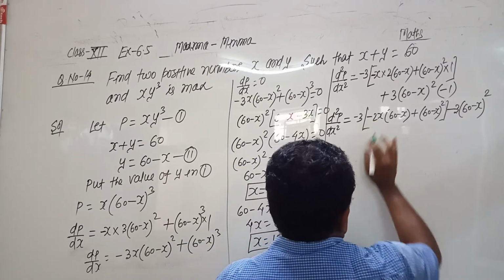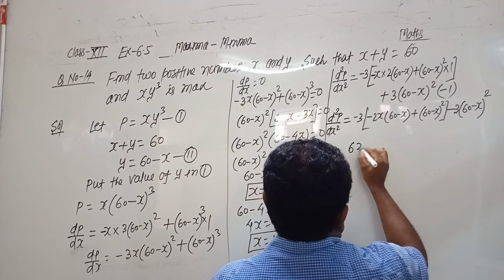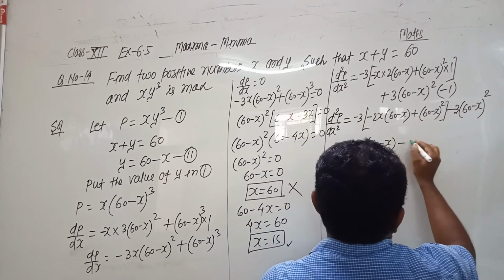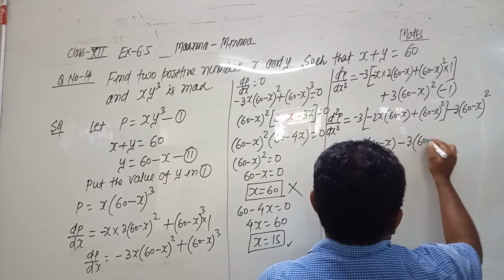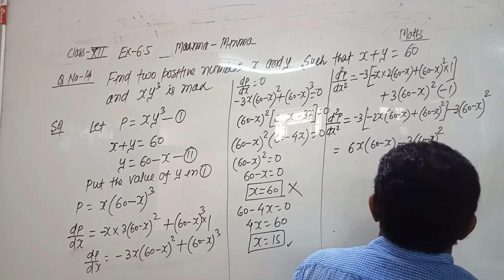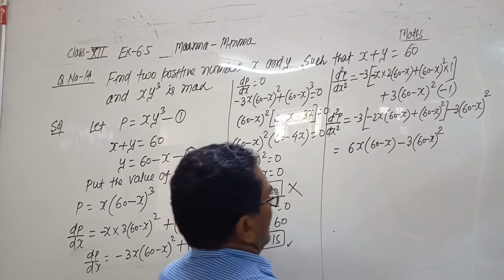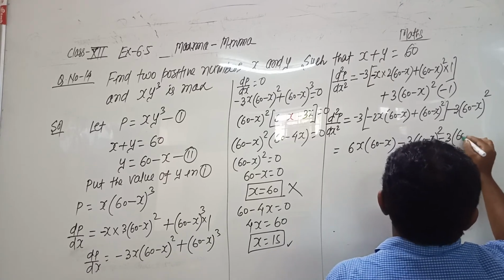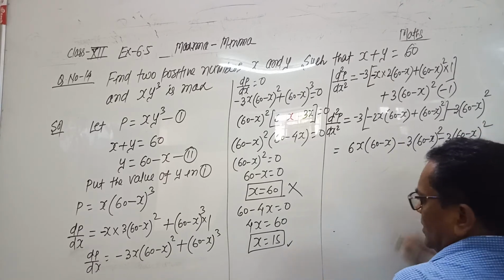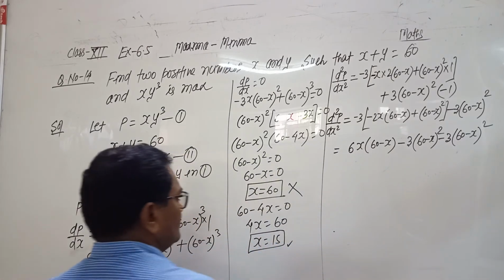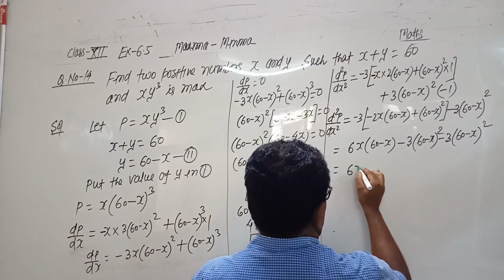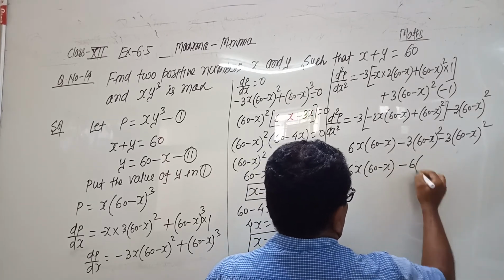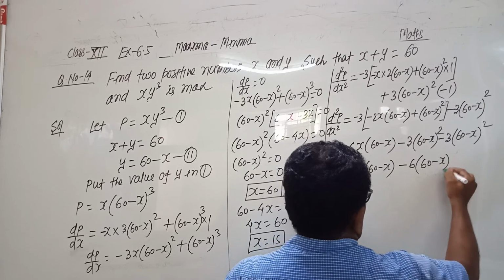So minus minus plus 6x and (60 minus x), minus 3 and (60 minus x) whole square, and this is again minus 3 and (60 minus x) whole square. So it becomes 6x(60 minus x) minus 6(60 minus x) whole square.